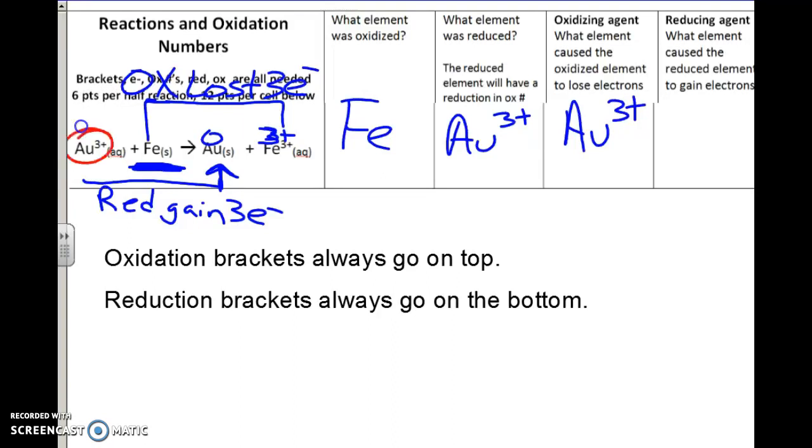This is being reduced. It's reduced because it gains some electrons. Fe solid is losing electrons. It's losing those electrons and forcing Au3 positive to gain them. Au3 positive is reduced, so Fe is the reducing agent.